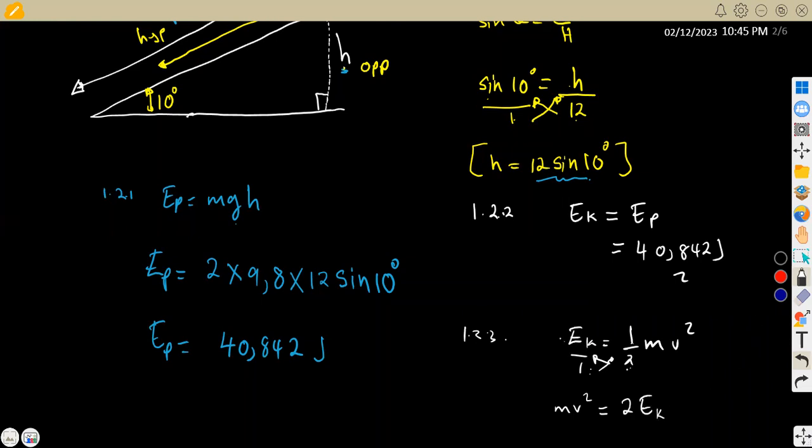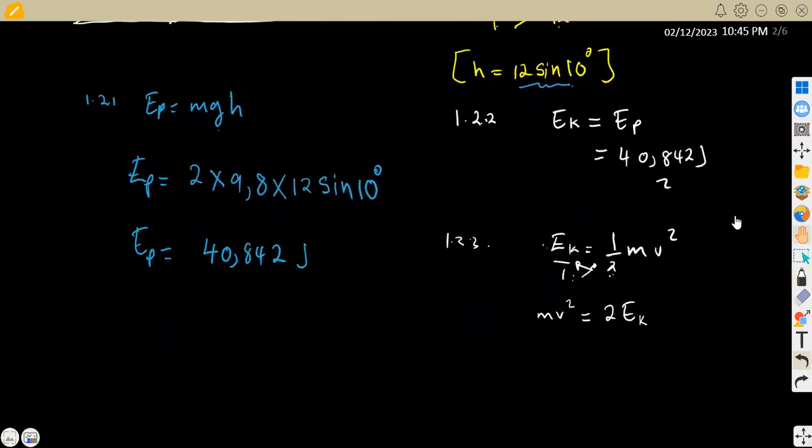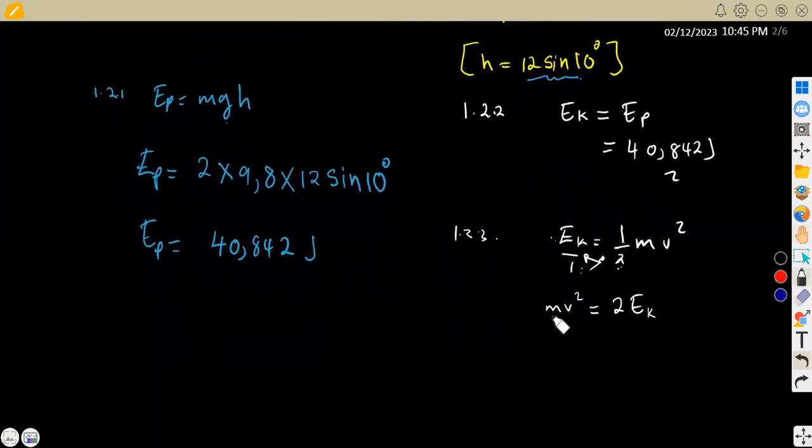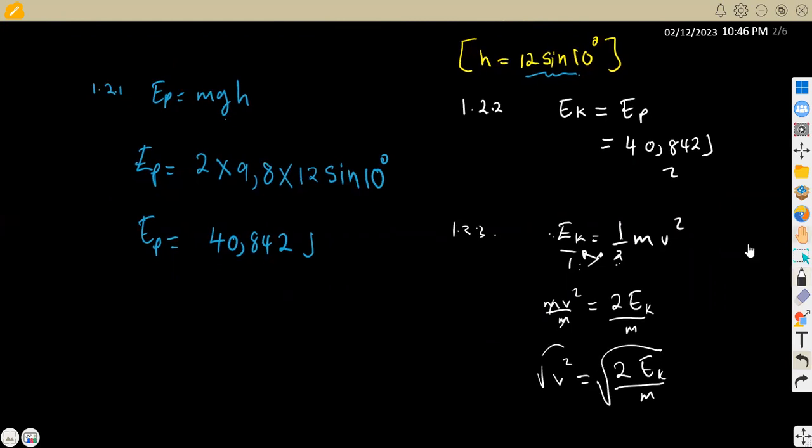Remember, we want to remain with the formula for v. So we divide by m both sides so that our v squared is going to be 2Ek over m. To find v, remember, it's a square, so we introduce the square root both sides.